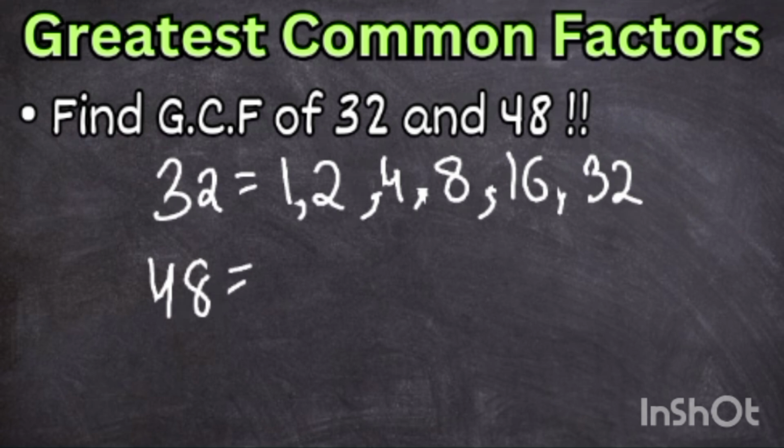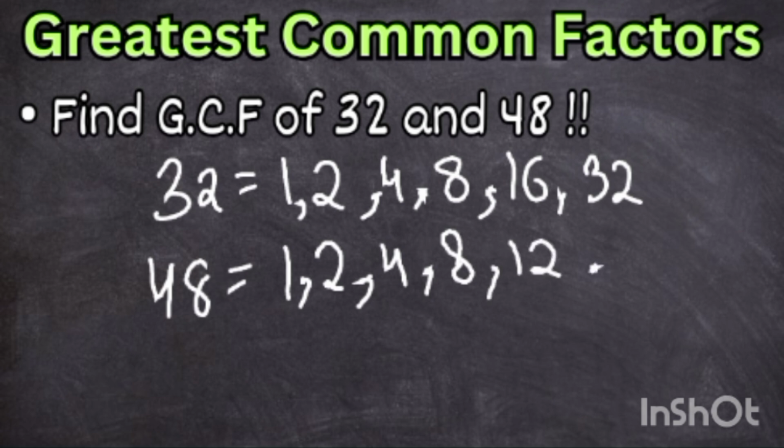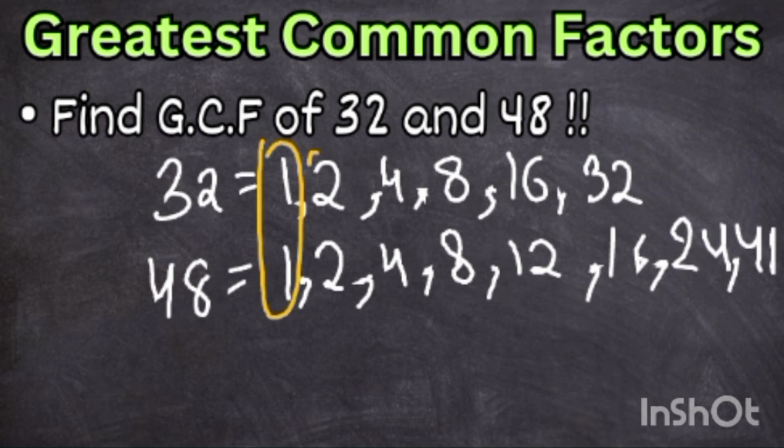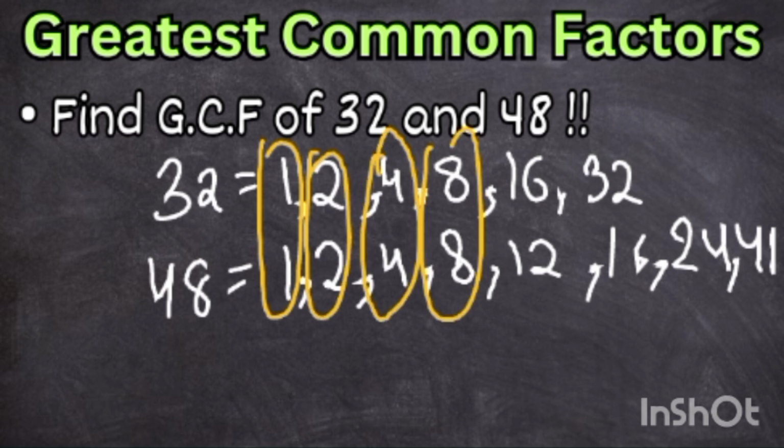The factors of 48 are 1, 2, 3, 4, 6, 8, 12, 16, 24 and 48. Now we are going to see the common factors. The common factors are 1, 2, 4, 8 and 16.